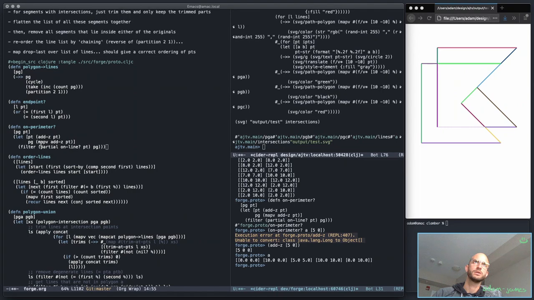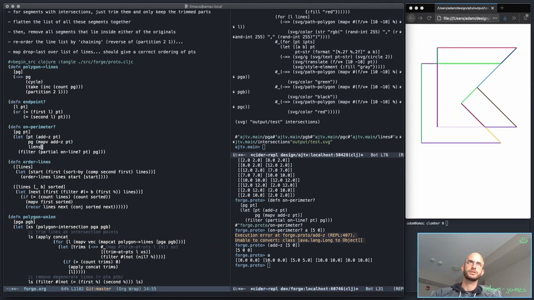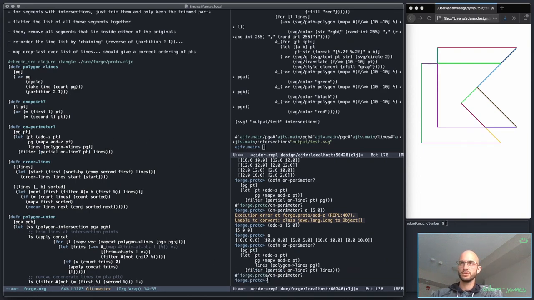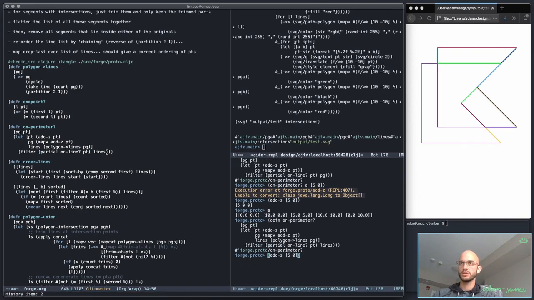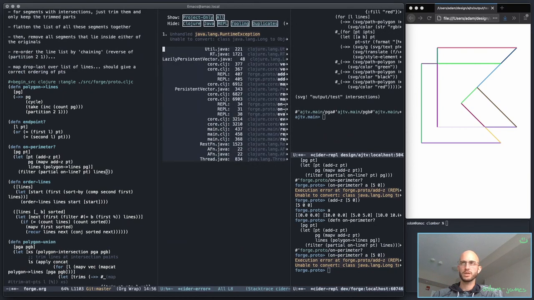Here. I have to do this. Lines is polygon to lines of PG. Right. So then instead of this, I filter lines, and that should fix it. Not quite.